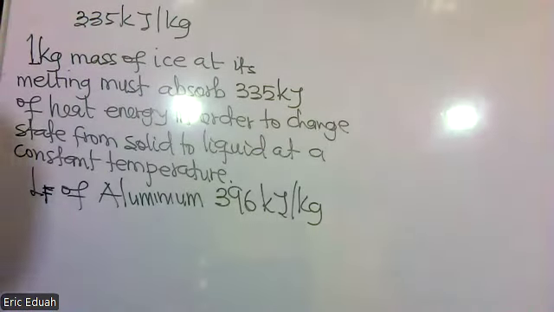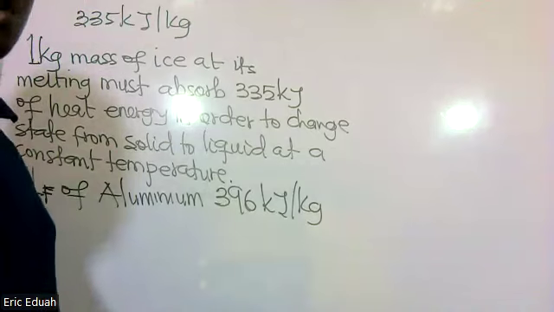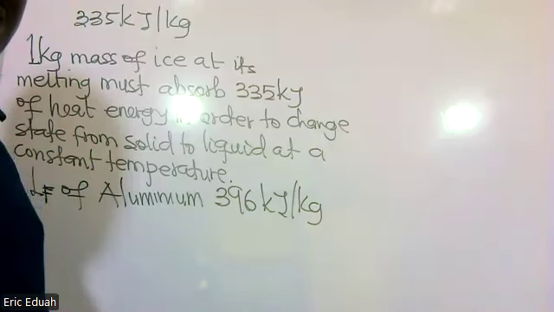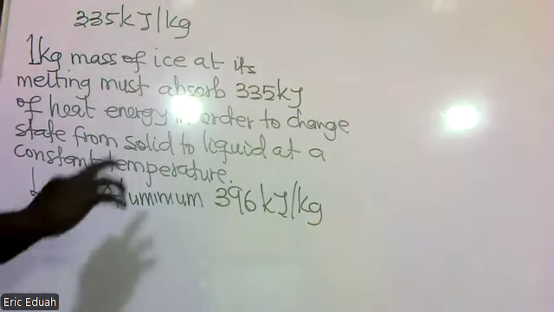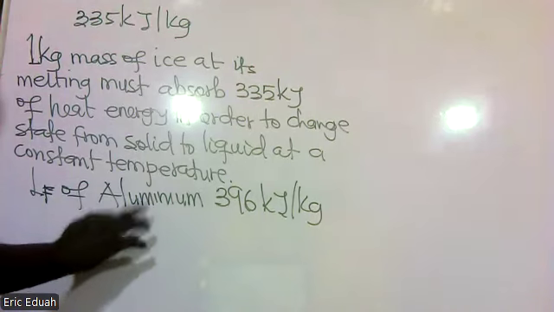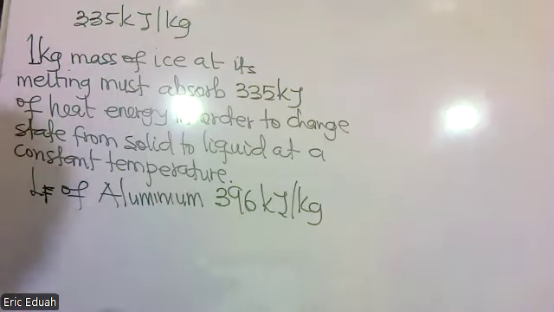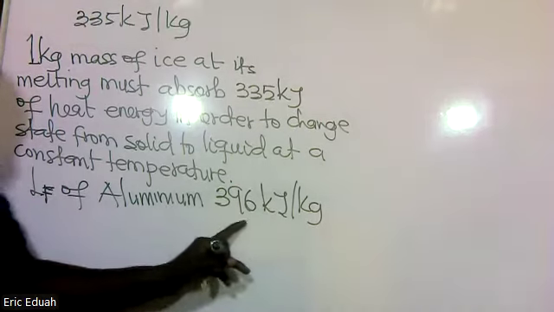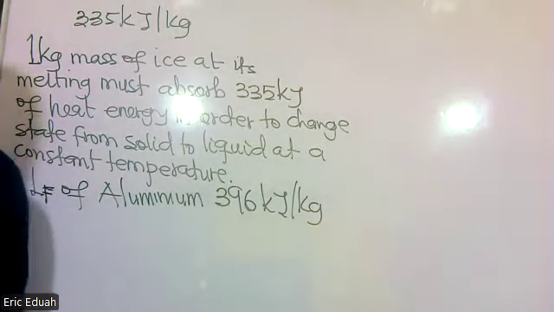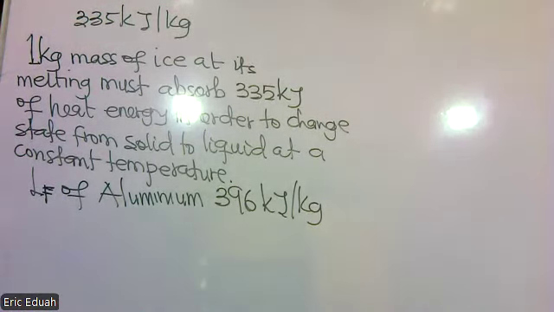Eva, this one is for you. Eva, I beg you, tell me what this statement means. What does this statement actually mean? That the specific latent heat of fusion of aluminium is 396 kilojoules per kilogram. Eva, let's hear from you.